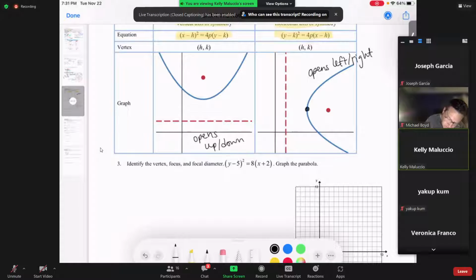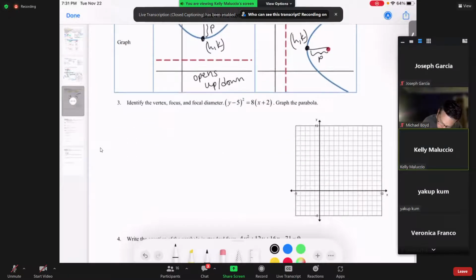And this point here is (h, k). This is the vertex (h, k). And then the red would be a focus point, right? And so the distance here would be p. So we'll try a few examples here.